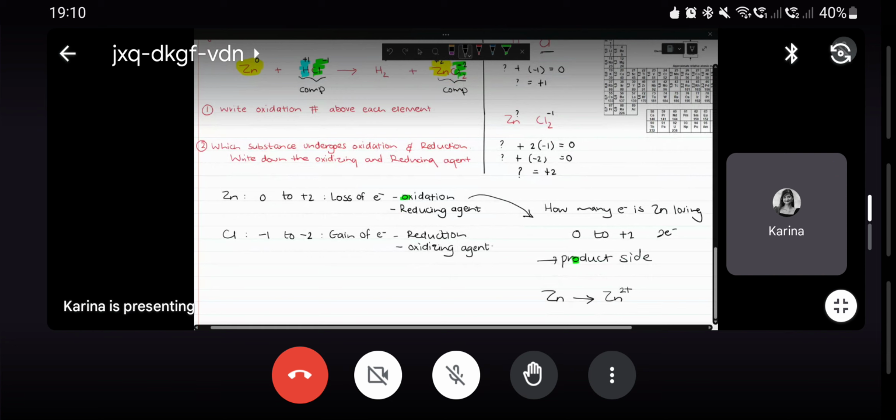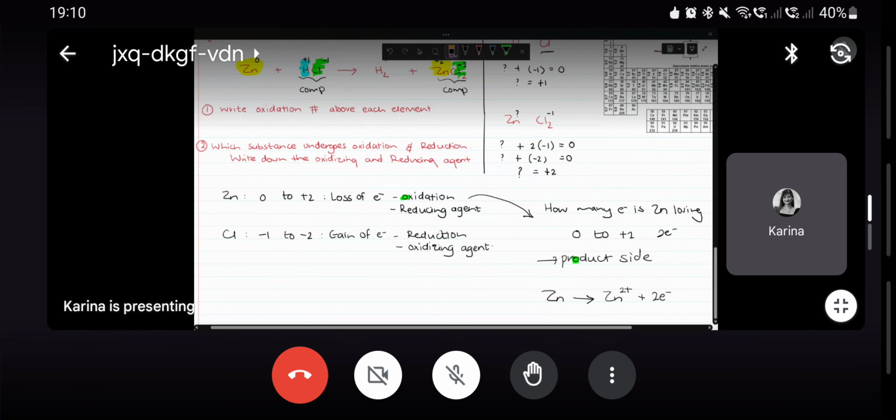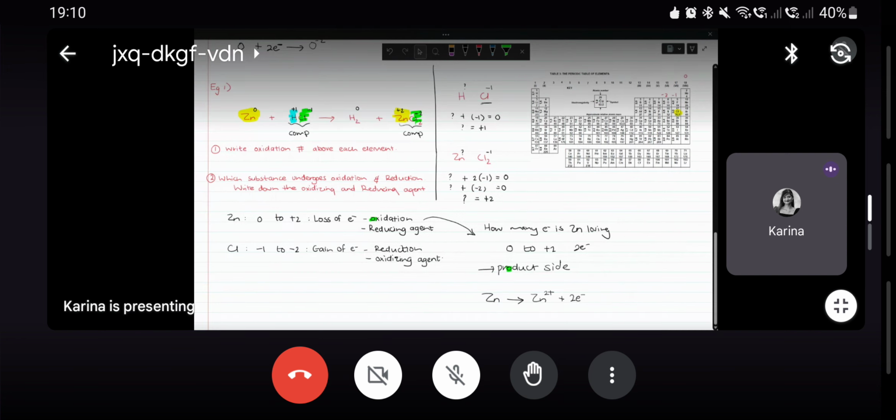Notice it's on the product side after the arrow. So that's what your half reaction would look like. It's not too complicated. I just want you guys to get used to identifying firstly which are your oxidizing and reducing substances.